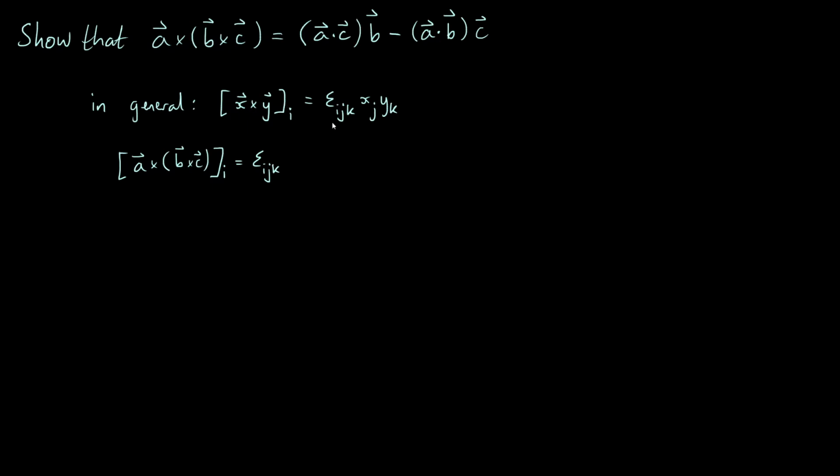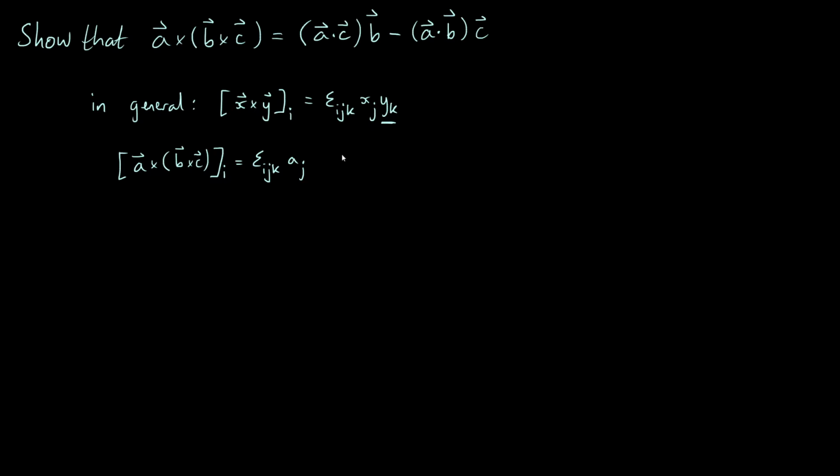Then our x vector here is basically A, so we get aj. And then the next thing we need is the kth component of B cross C, because we've got a yk here, and this whole B cross C is like our y vector.